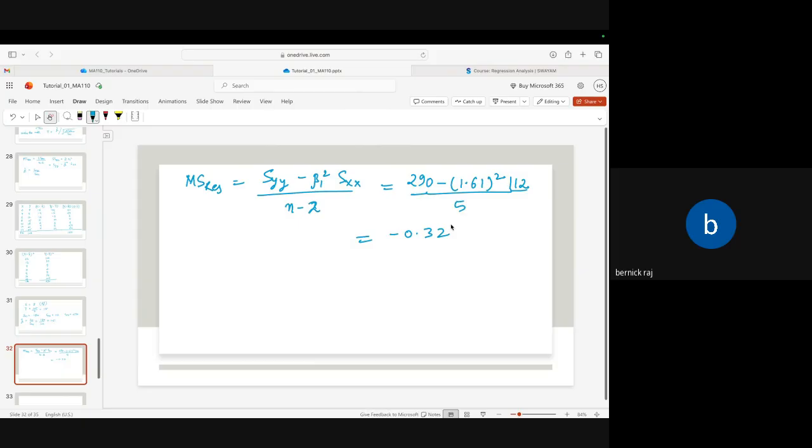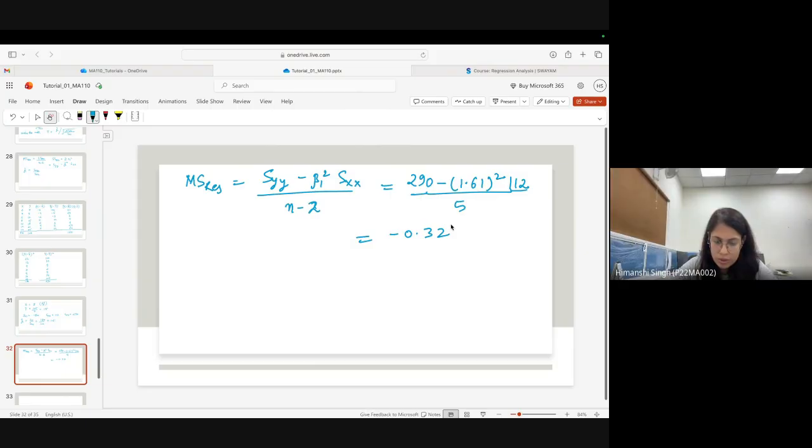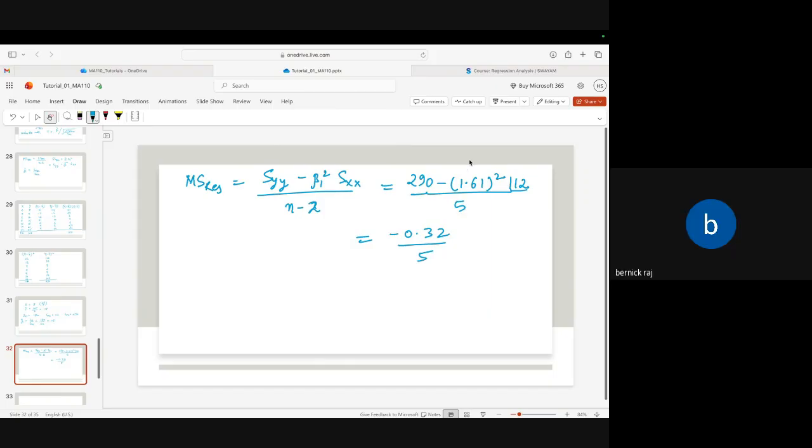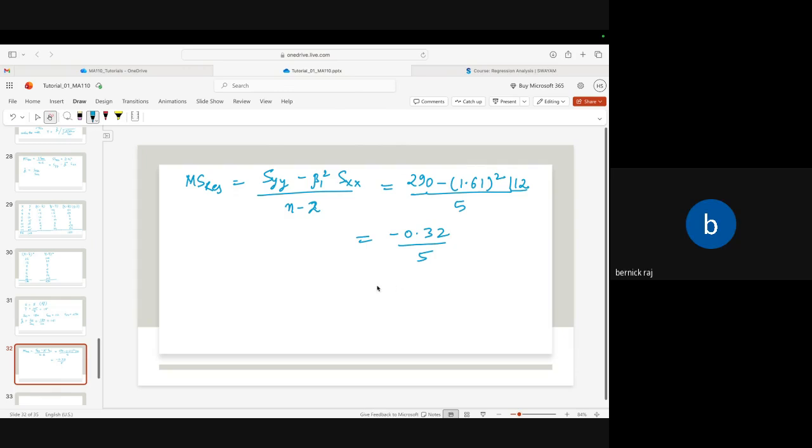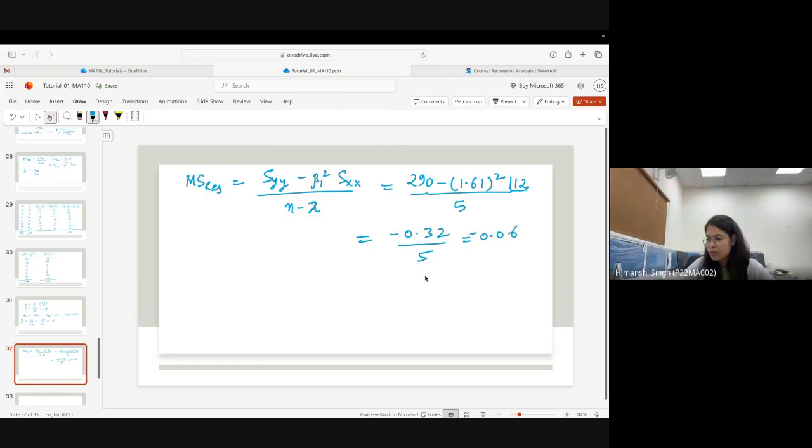It is 290 minus 1.61 square times 112. The 0.32 is only the numerator value, the difference, and divided by 5 it will be minus 0.06.